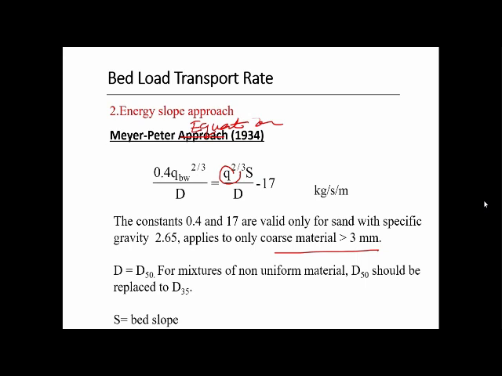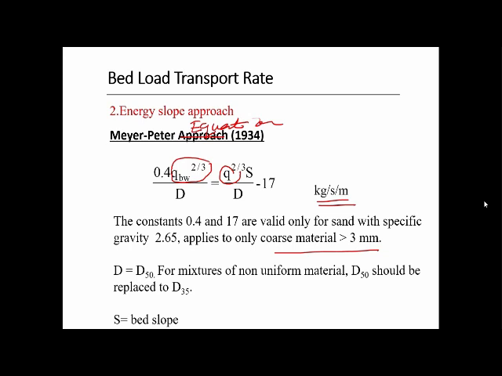So where is this sediment transport in these equations? So the sediment transport rate that you want to calculate here is actually this one. So the QB to the power of 2 over 3, and this Meyer-Peter equation use this sediment transport by unit weight.